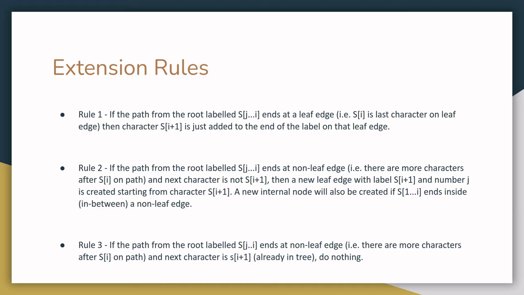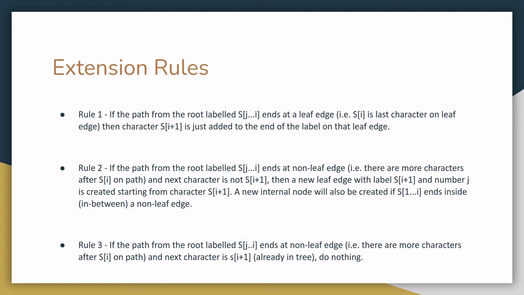Rule number 1 says, if the path from the root ends at a leaf edge, then the next character is just added to the end of the label on that leaf edge.